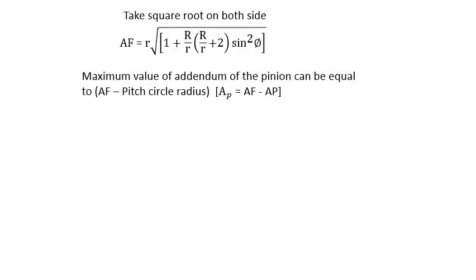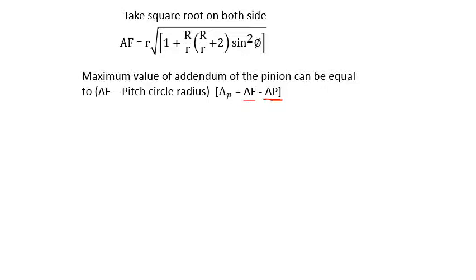And the maximum value of addendum of the pinion can be equal to AF, that is the maximum addendum length, minus pitch circle radius. That difference is nothing but the addendum of the pinion, right? So that is AP is equal to AF minus AP. So this is the pitch circle radius, AP. This is the maximum length of addendum.